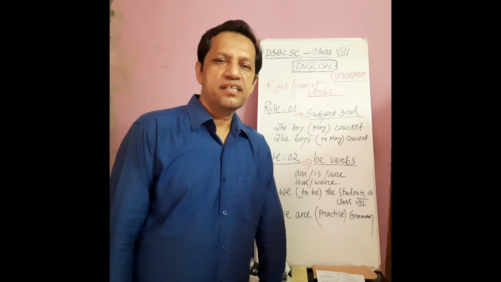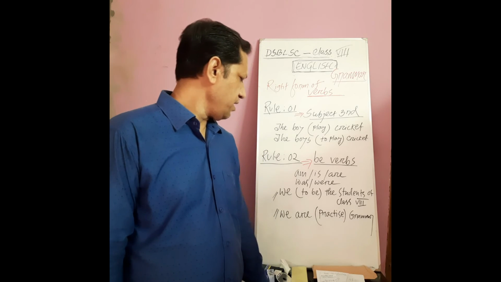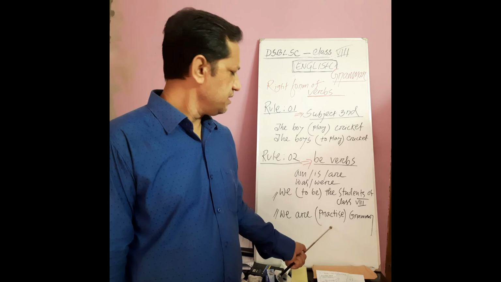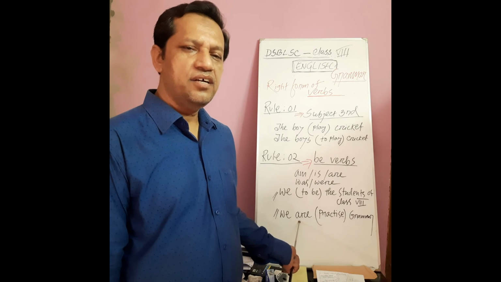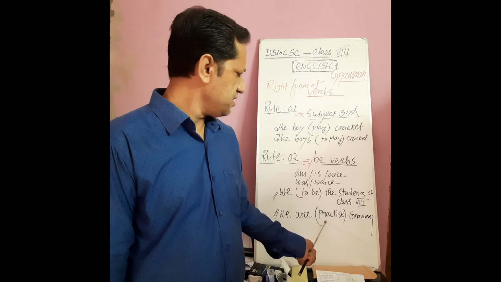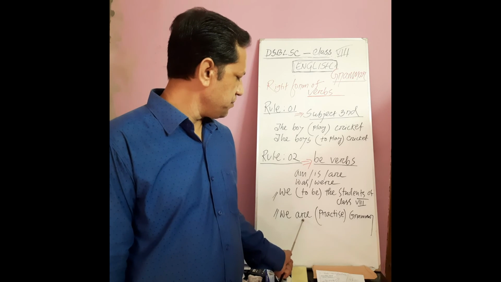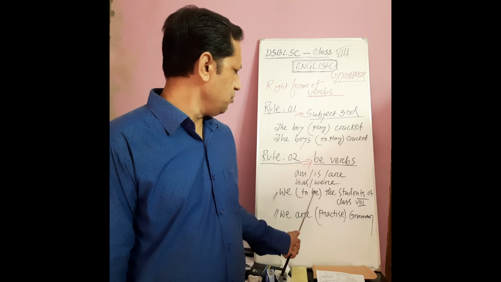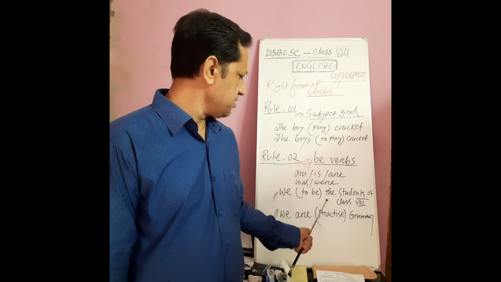We are practicing grammar. The students, here it is very clear to us all that when we get be verb and another verb, then be verb is not used as a main verb. Then the other verb will be used as the main verb, and be verb will be used as an auxiliary verb. Here look, there is not another verb.